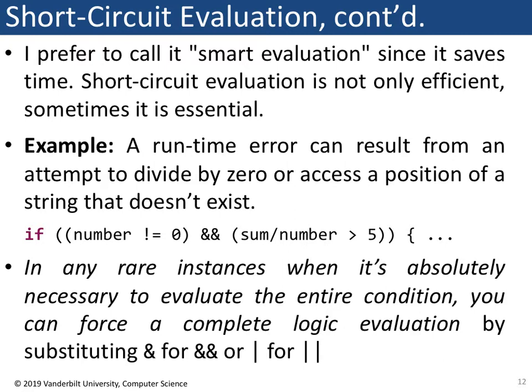So consider a situation here where we have the following example. We have this conditional statement: if number, which is some variable, if number is not equal to 0, and, logical AND, some other variable called sum, divided by number is greater than 5, then we're going to do some operation. We don't know exactly what they're accomplishing here or what they're attempting to do, but notice this.